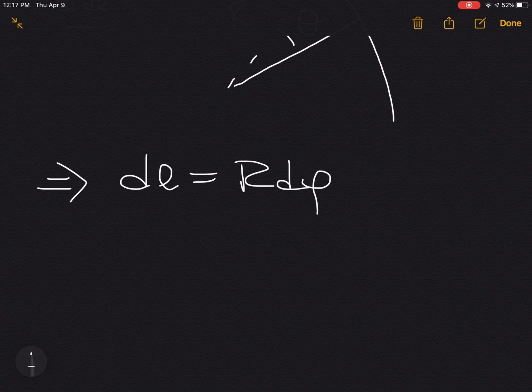So that you've got dB is equal to mu naught I. Now there's an r coming from the dl over 4 pi r squared. Now you've got a d phi and a z hat.